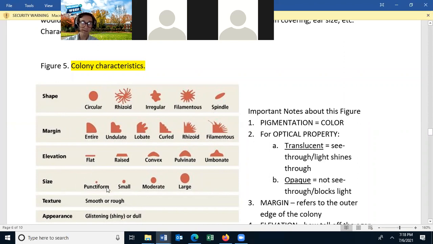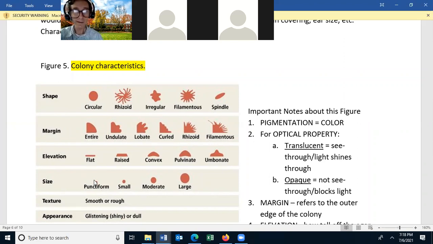But you can look and see the shape, the margin, the size, just by looking from the top of the plate. The size, punctiform, that's about the size of a pencil tip. I don't know if I have a pencil here. Well, I got a pen, that'll be good enough. So the tip of the pen, that's punctiform. So it's a pinprick.